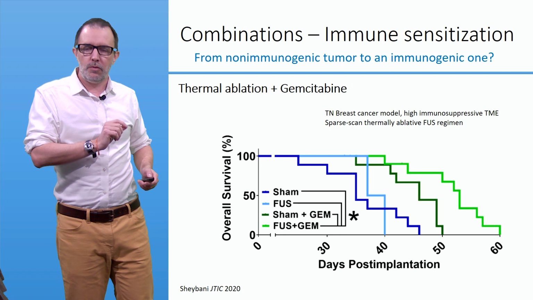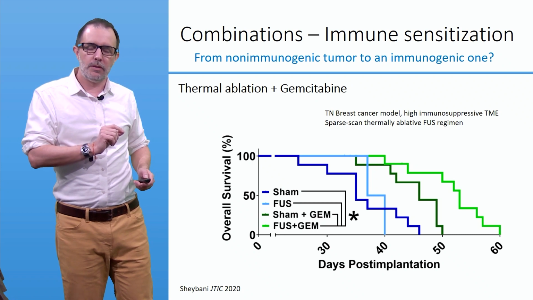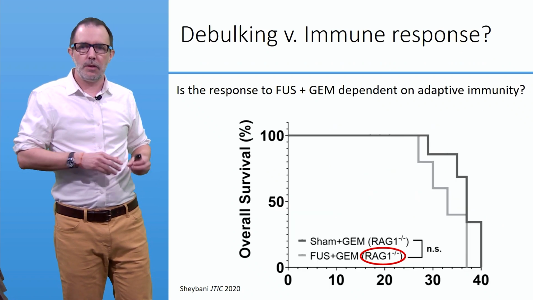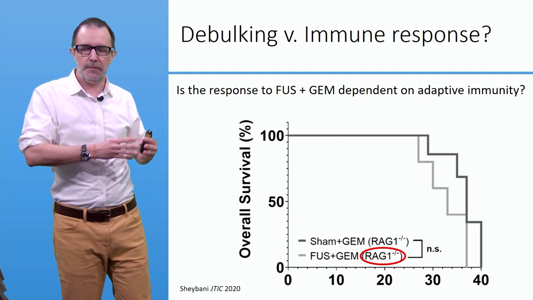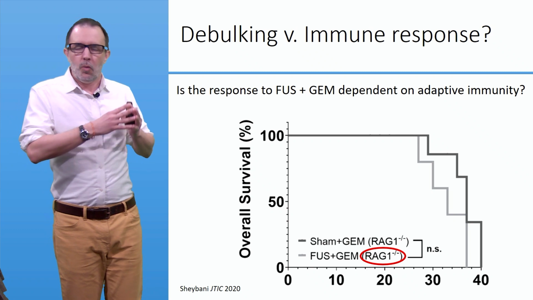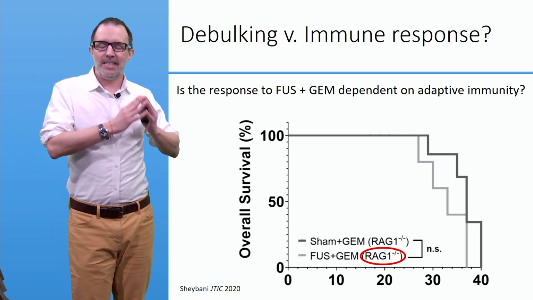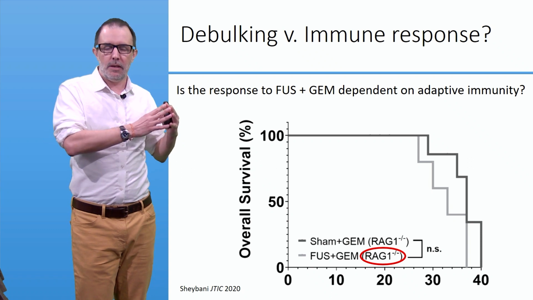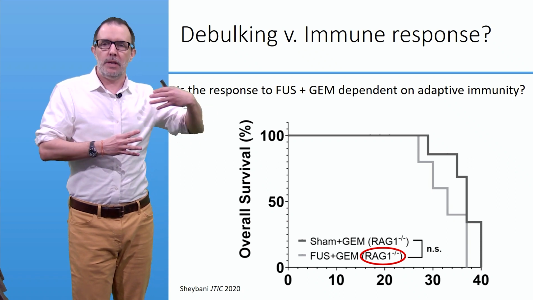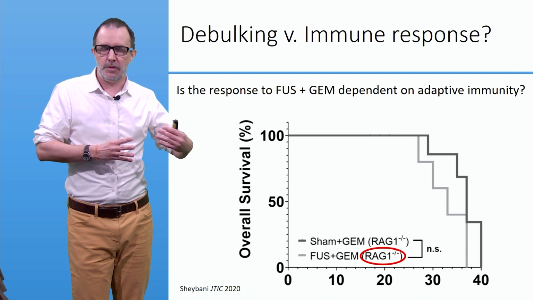Here I would like to pause just one second to talk about a very important experiment that needs to be performed in these kinds of studies, which is to try to disentangle the effect of the ablation, the debulking, from the effect of really triggering an immune response.